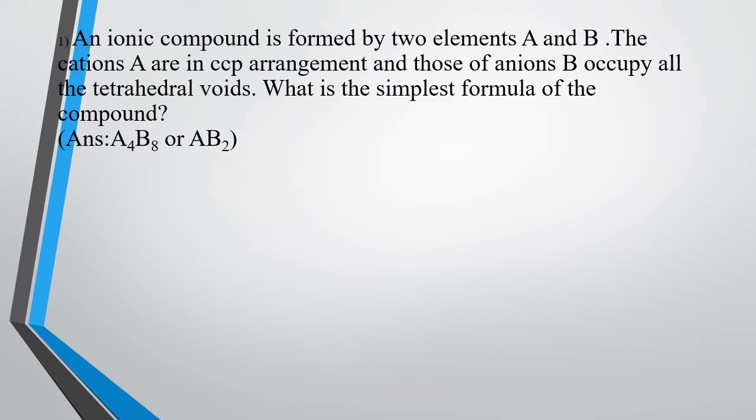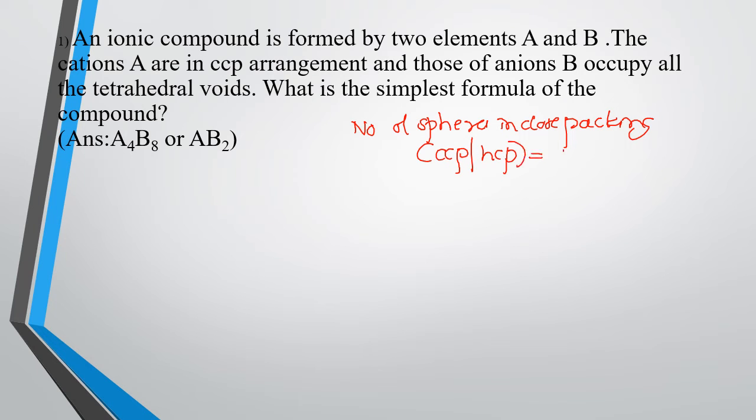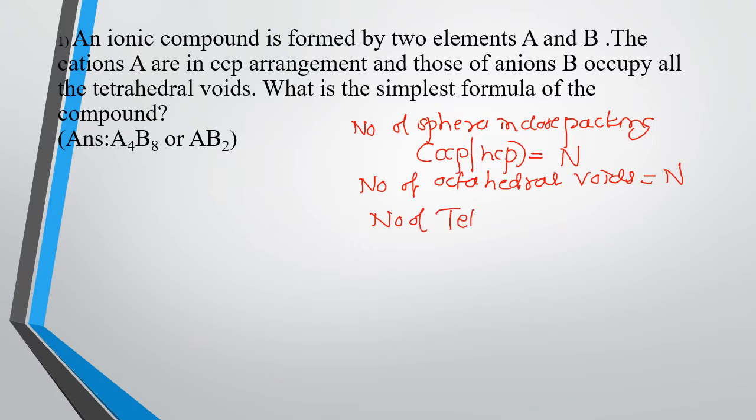If the number of spheres involved in close packing, maybe it is CCP or HCP, is equal to capital N, then the number of octahedral voids generated is also equal to N, whereas the number of tetrahedral voids is equal to 2 into N.